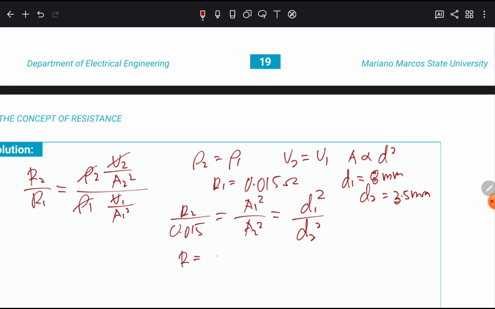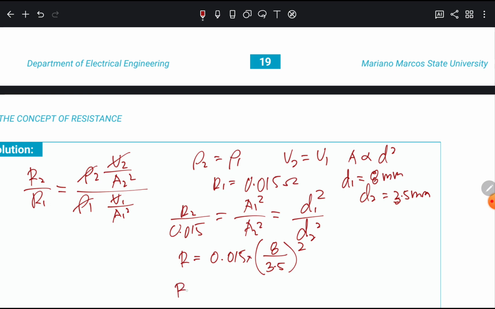So R2, we cross multiply 0.015 multiplied by d1, which is 8, and you divide that with 3.5. And you square that.